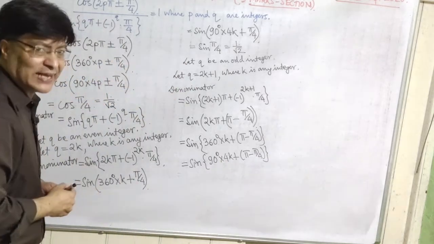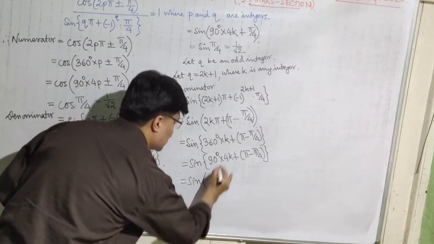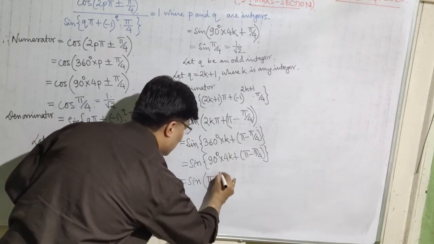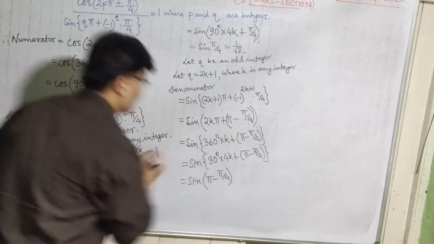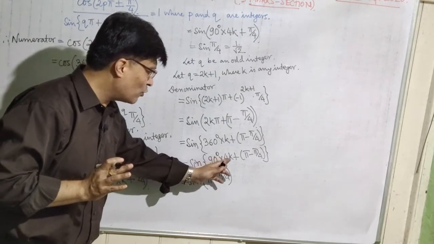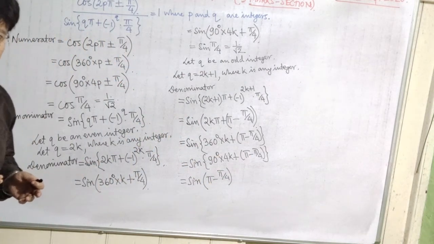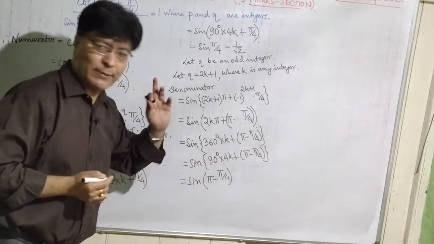So sine remains as it is, which is equal to sine theta. What is theta here? It is pi minus pi by 4. Understood now? So sine of 90 into 4k plus theta is sine theta by formula, right? So here theta is pi minus pi by 4.